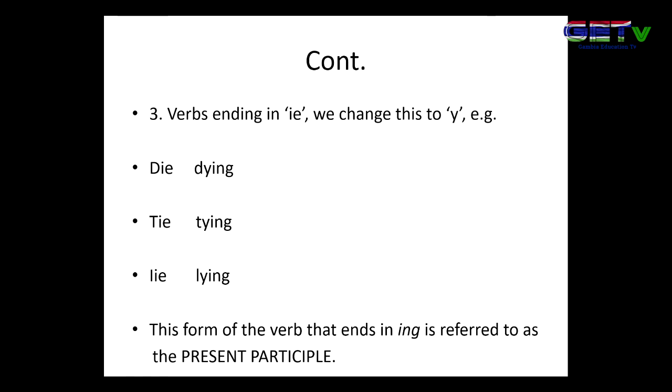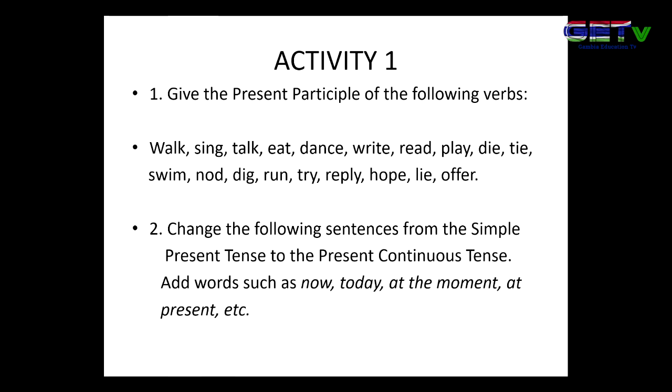The present participle becomes tying. Lie, likewise, becomes lying. And like I have been saying, this form of the verb that ends in ing is what is referred to as the present participle, the continuous tense form of the verb.